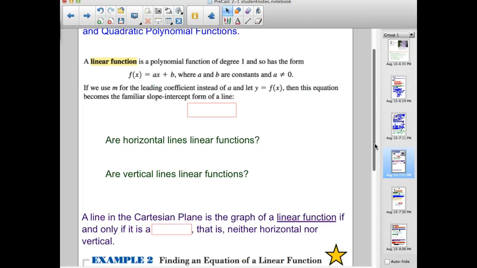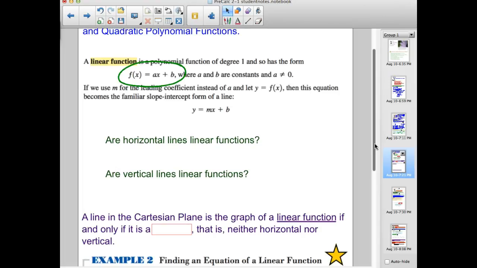A linear function is a polynomial function of degree 1 that has this format. Okay, that was what was in the table on the previous slide, where a and b are constants and a is not 0. If we replace the a with an m, it turns into our slope-intercept form. All right, so hopefully that looks familiar and you recognize those as linear functions.